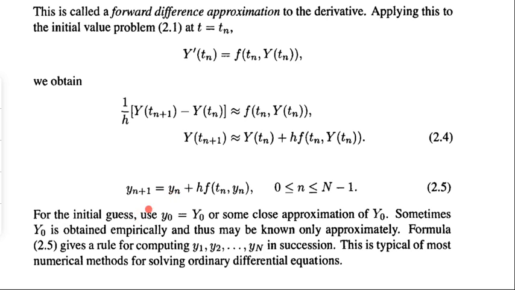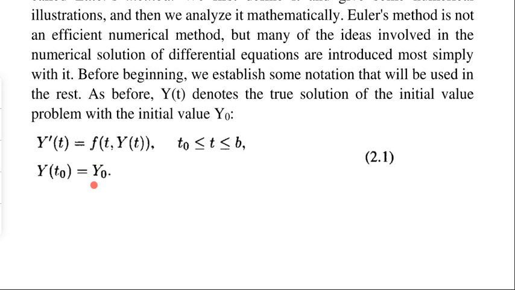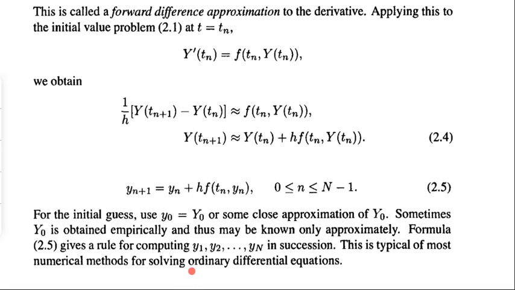Here we will see that if we choose y0 equals capital Y0, the initial value, you can obtain y1 from this relation by substituting n equals 0 and substituting t0 and y0 in the right-hand side.